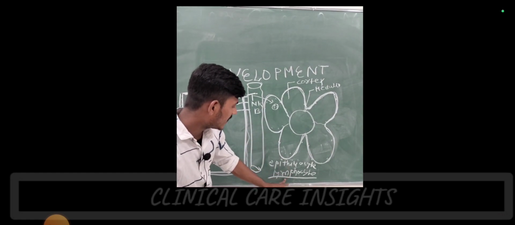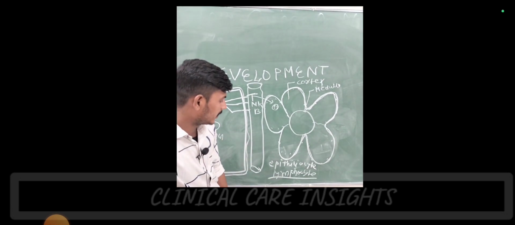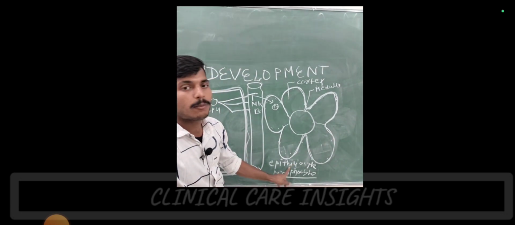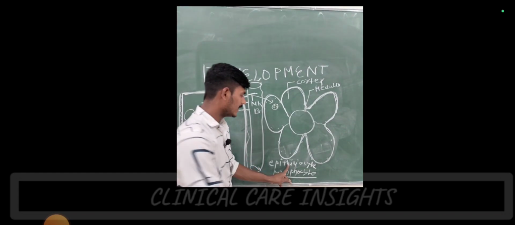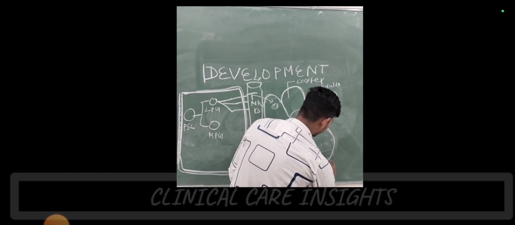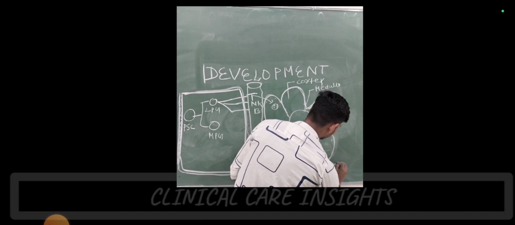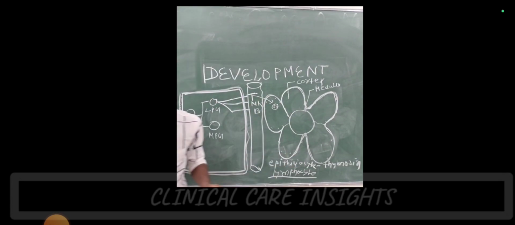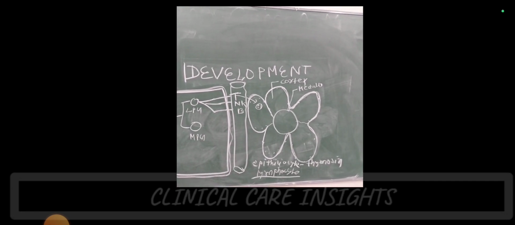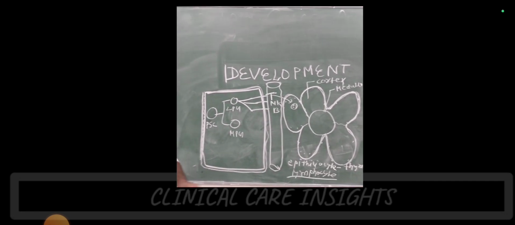So these epithelial cells and lymphocytes, what they are doing, they are secreting some substances. Like they are secreting the thymosin, okay, these thymosins are involved in the maturation.